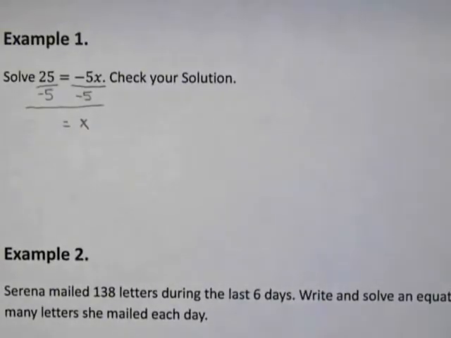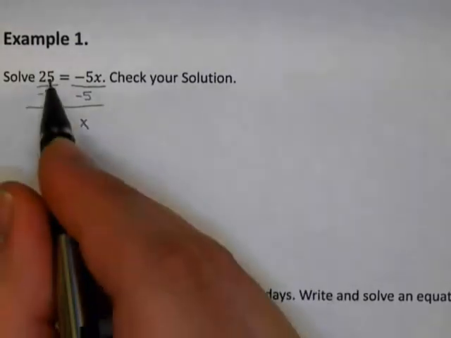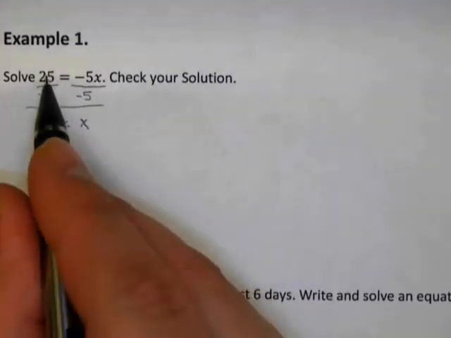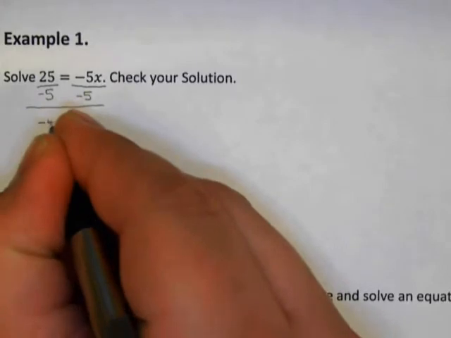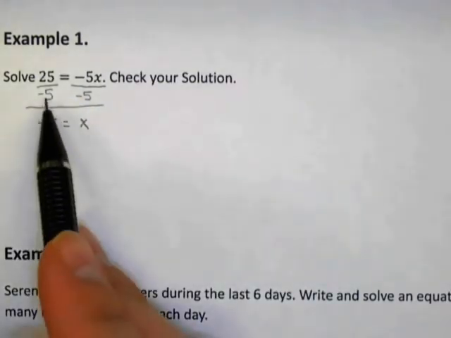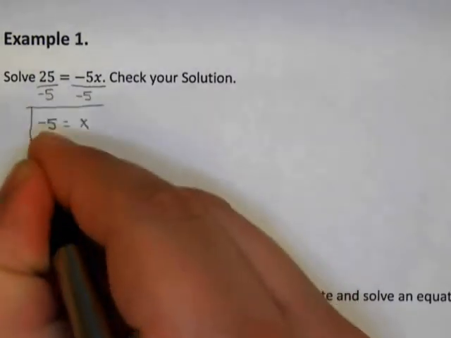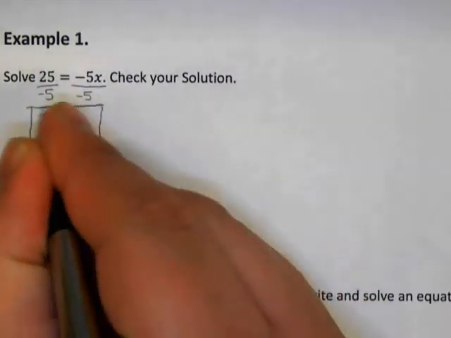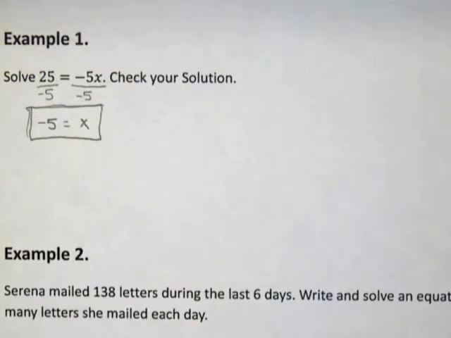That's the multiplication identity. And 25 divided by negative 5, well, we know that's going to be negative 5 as well, because negative 5 times negative 5 is a positive 25. And we've checked our solution then. So, that's it. Negative 5 is x, and that works.